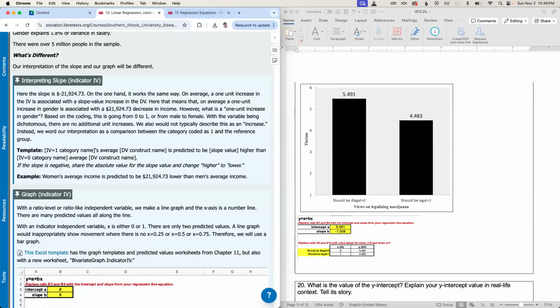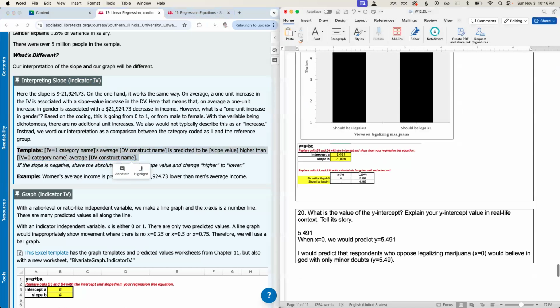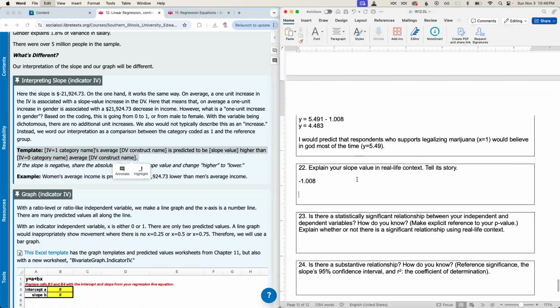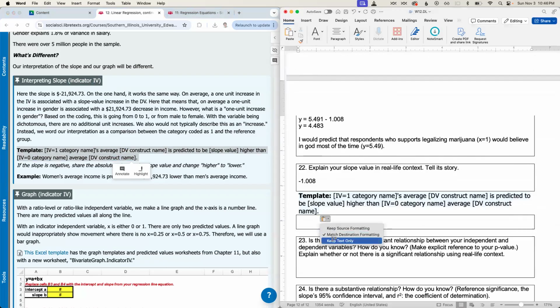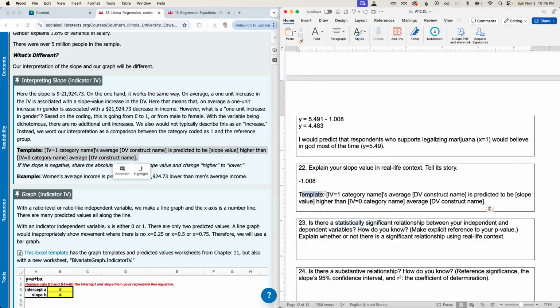So chapter 12, interpreting slope with an indicator IV. So here's our template. This is an example. IV equals one category name. So that's the respondents who support legalizing marijuana.